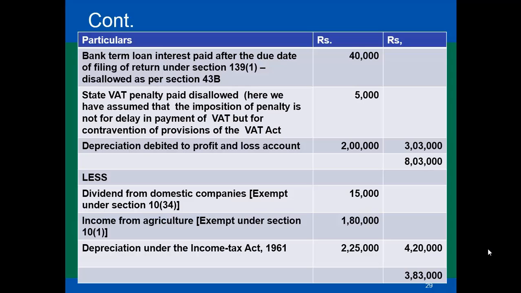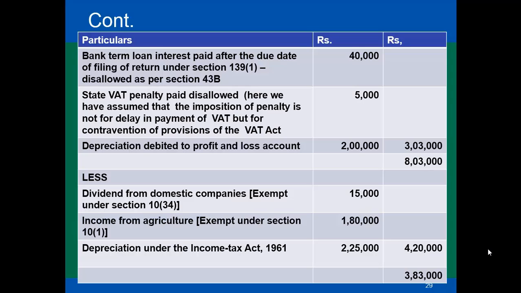So which means that 40,000 will be disallowed because it was paid after the due date of filing of the return under section 139 subsection 1 and it will be disallowed as per section 43B.